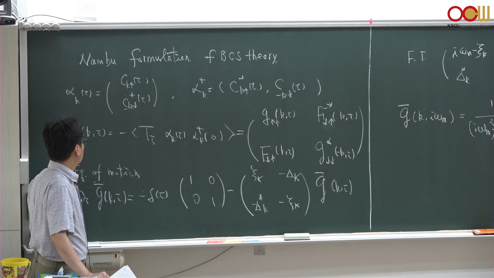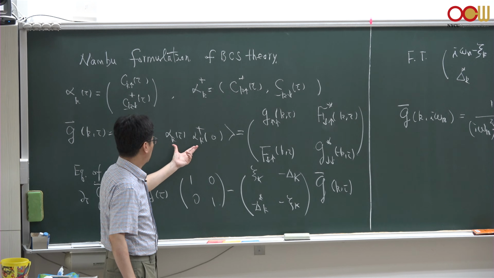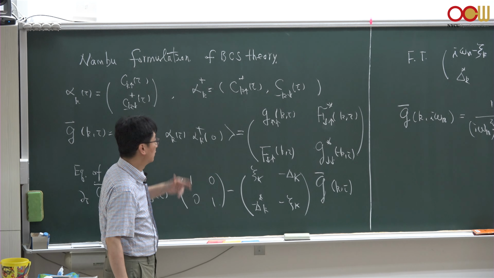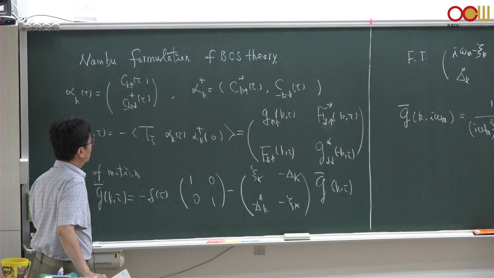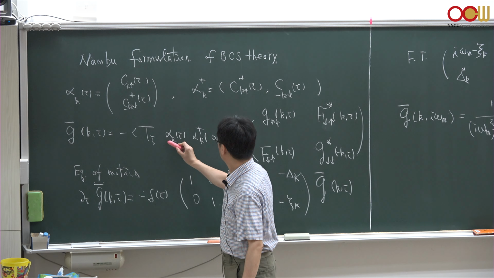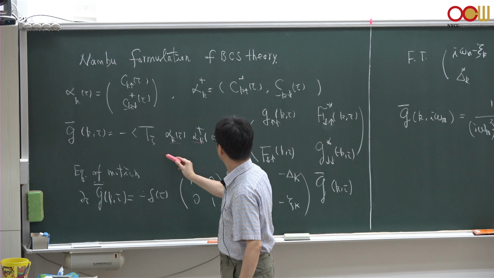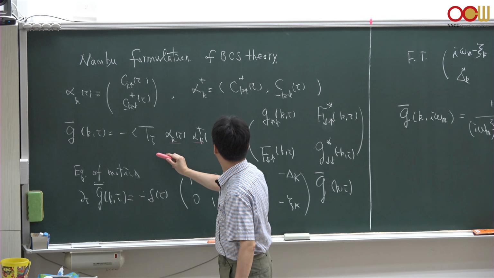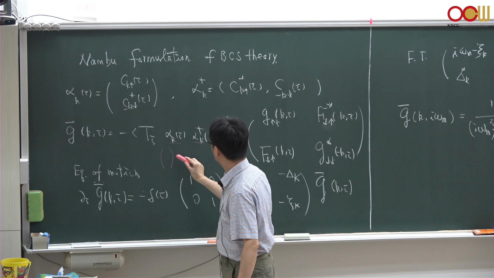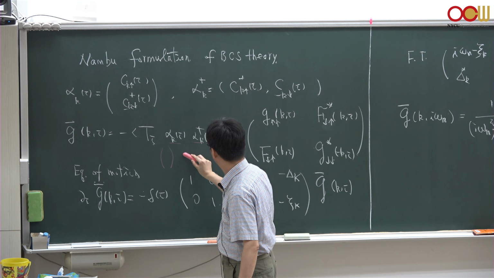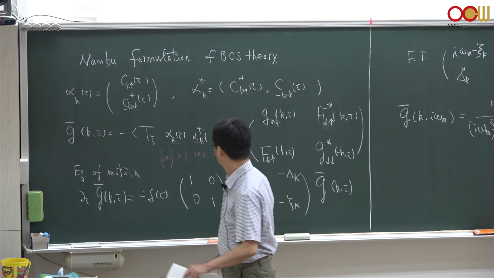And then if you define such an alpha dagger kind of correlation function, namely if you expand these two matrices in this product, which is 2x1 by 1x2, right?